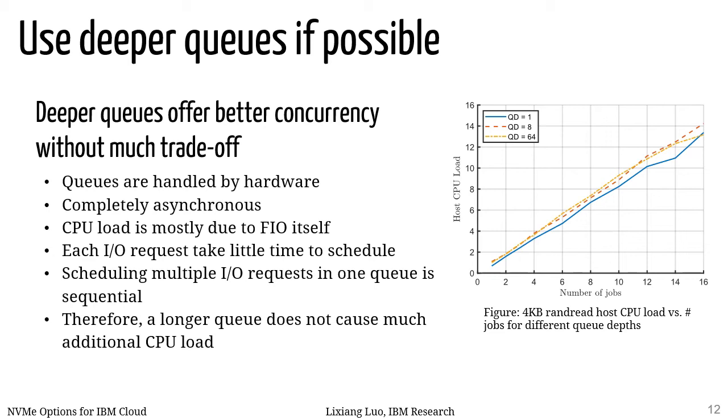So if the application can be modified to use deeper queues, it's a good strategy for getting better performance from the local NVMe.